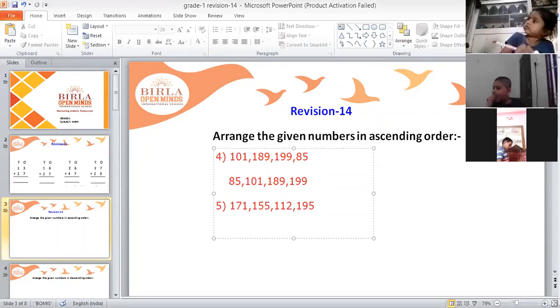Note down the fifth question, children. Fast. Numbers are 171, 155, 112, 195. These are the numbers.